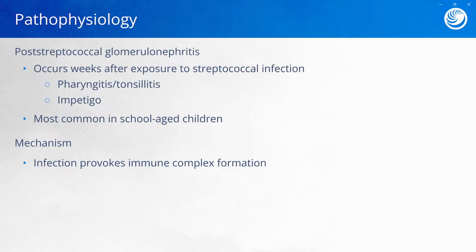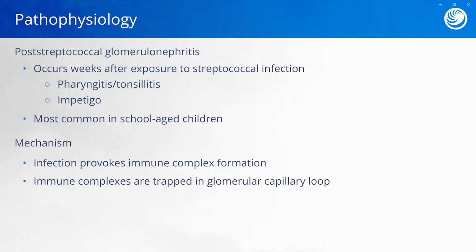So one may wonder, how in the world does a strep infection that's in the throat find its way all the way to the kidney and cause this kind of damage? Let's take a look at that more in depth. When we have an infection, such as a strep infection, this then creates an antigen-antibody complex. Now, what happens in acute glomerulonephritis is this complex now travels to the kidney specifically, and it lodges itself in the glomerulus.